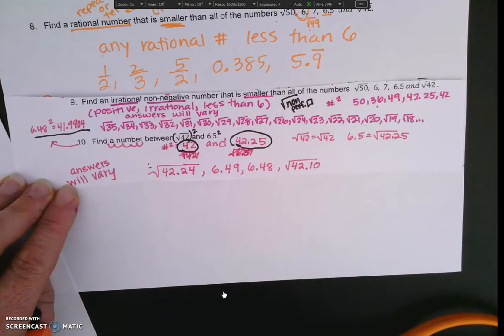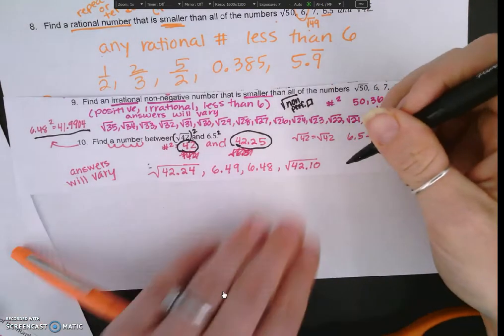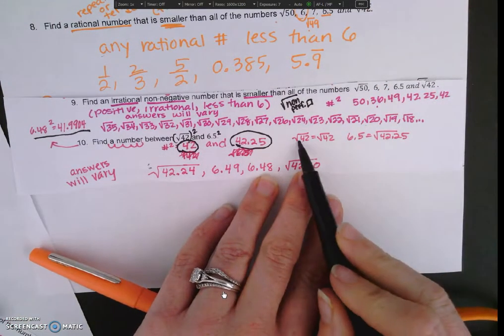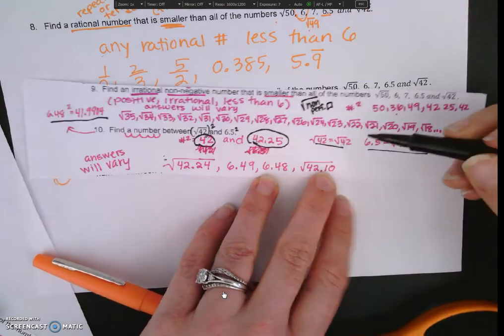Radical 42.10. But what we can think of is you can break up these radicals, and this can also be helpful for you.